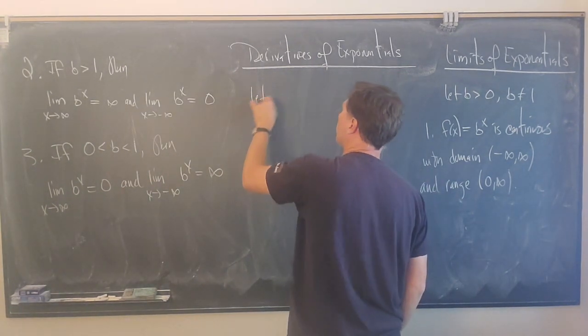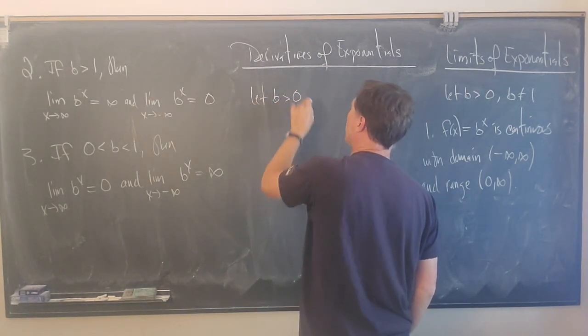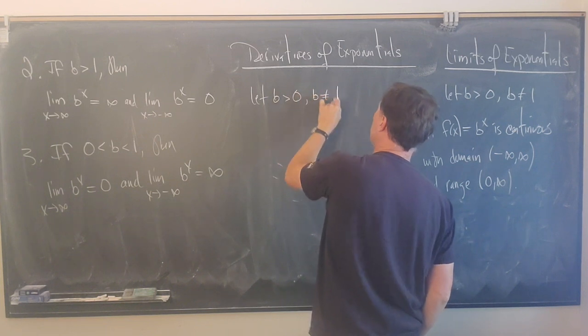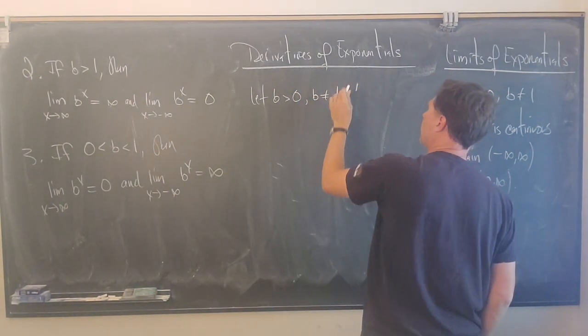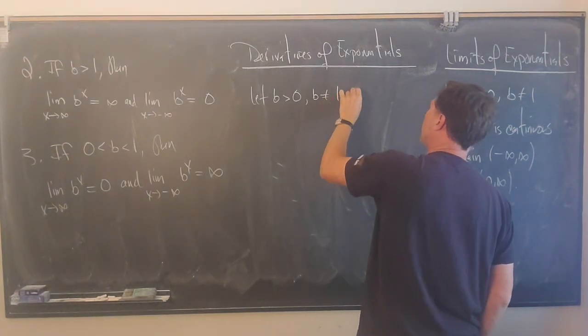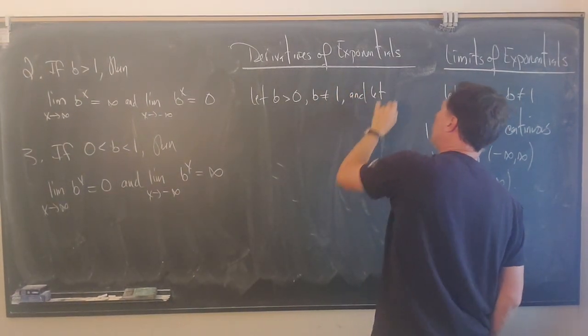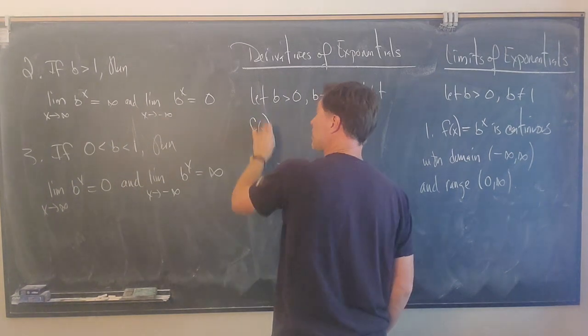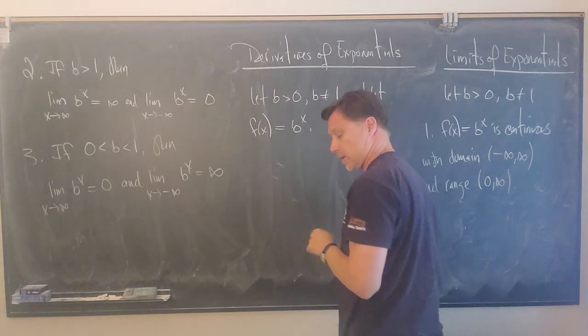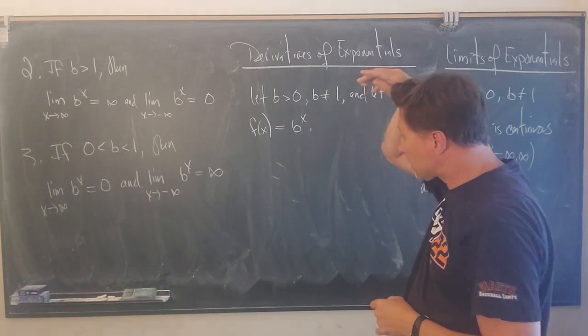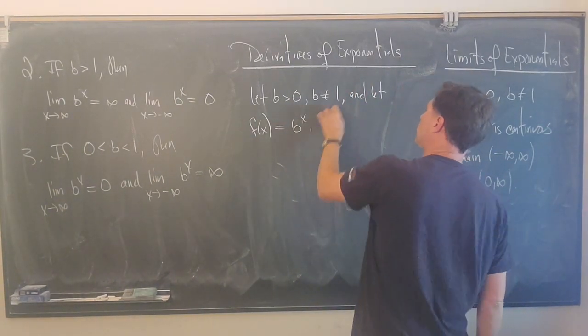Let's let b be a positive number with b not equal to 1. And let's write this out. Let f of x be the exponential function with base b, so that'll be f of x equals b to the x. All right, so what I'd like to do is compute f prime.